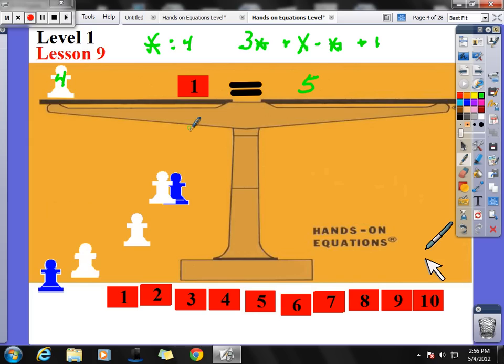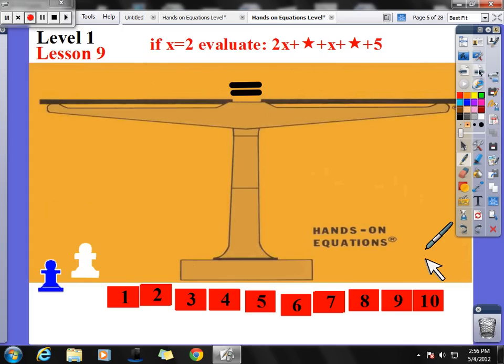Outstanding. Really well done. So you guys will work on lesson 9, evaluating expressions. And all evaluating means is we want to plug in numbers. Okay? Now, let me introduce you to lesson 10. In lesson 10, we've talked about removing zeros from one side of our equation.